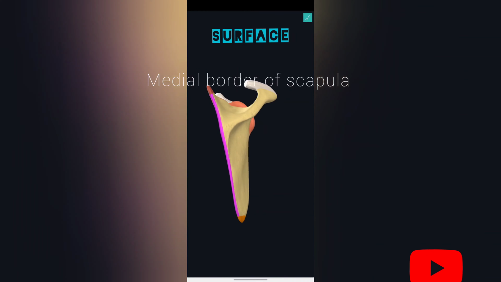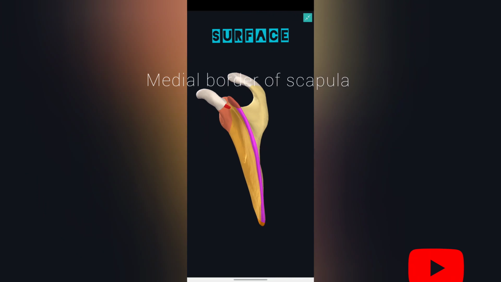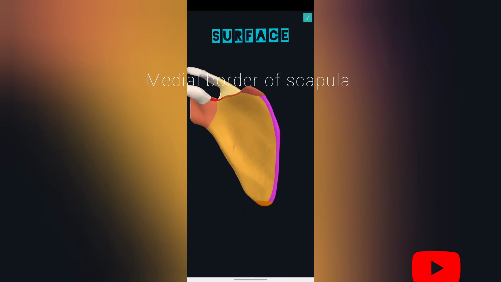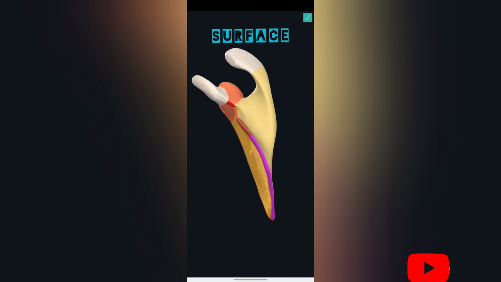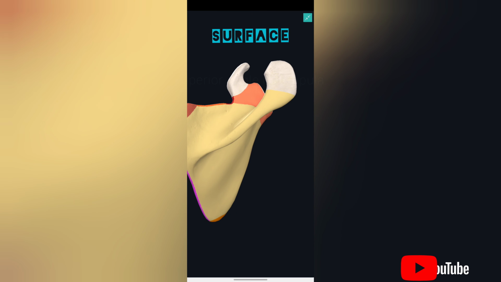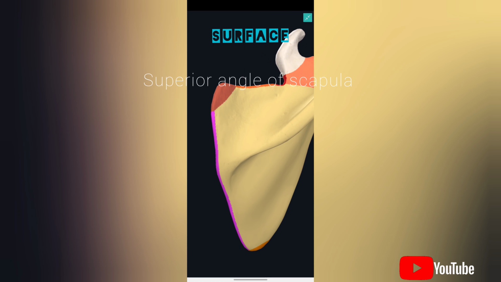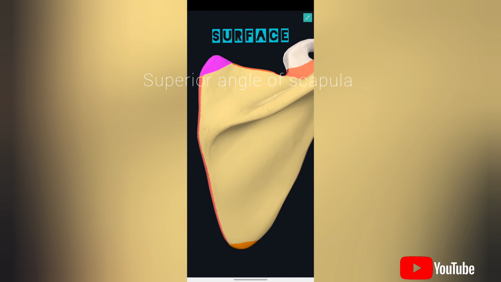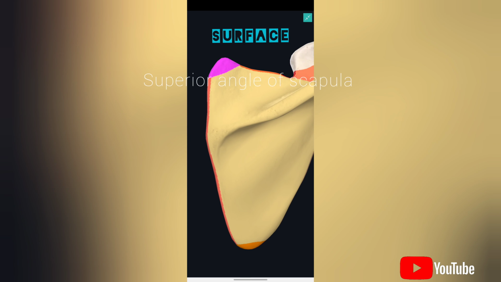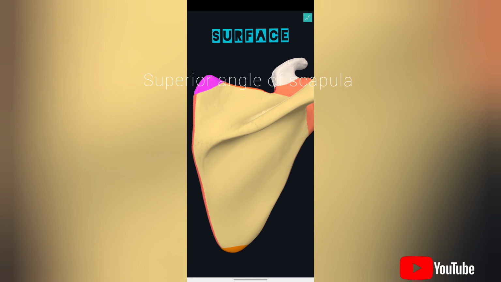You can see this 3D diagram very clearly. Note this diagram carefully so that you can understand easily. Next we are going to learn about the superior angle of the scapula, which is present right over the medial border of the scapula.